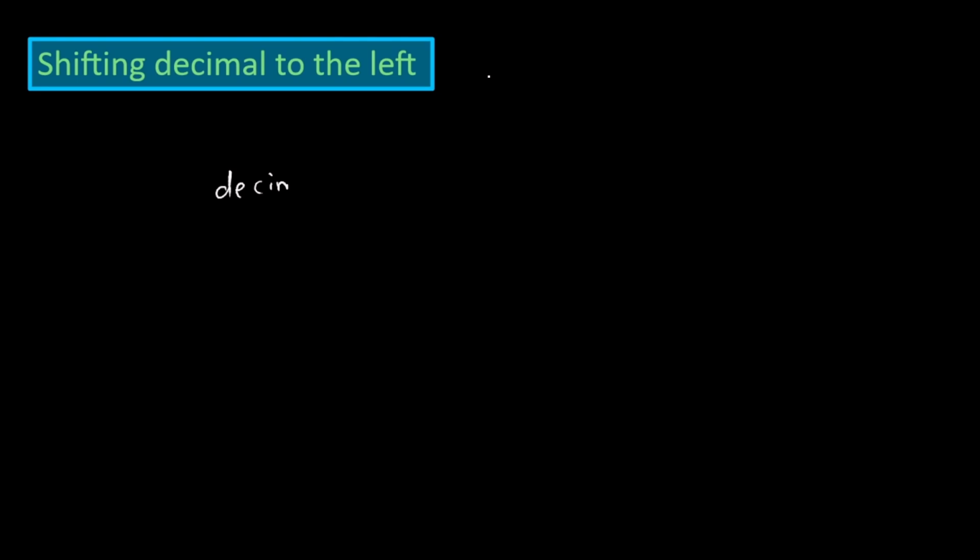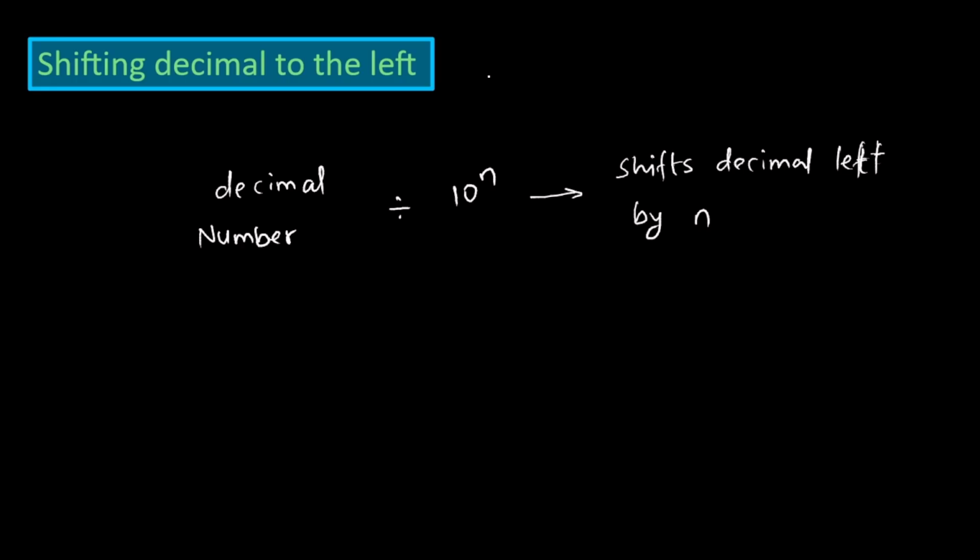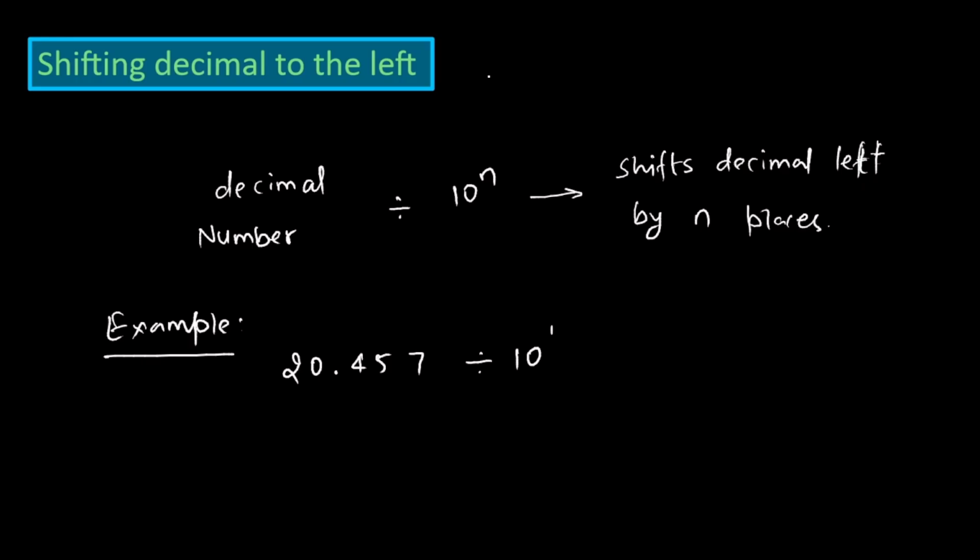Similarly, if we want to shift decimal to the left using power of 10, we can do that by dividing with power of 10. Dividing with power of 10 shifts decimal left by that many places. For example, if we have 20.457 and we divide it by 10 to the power 1, then our decimal will shift one place to the left, giving us 2.0457.